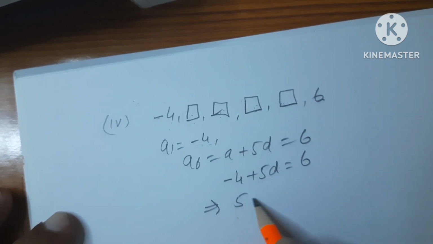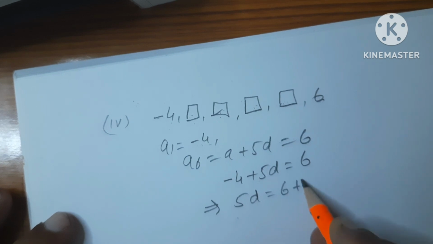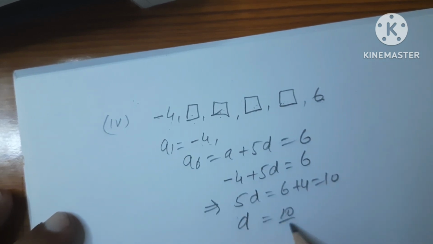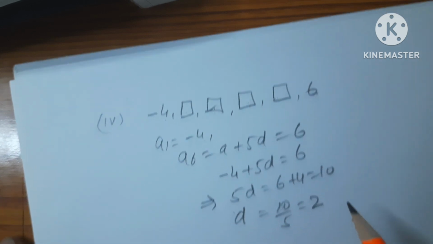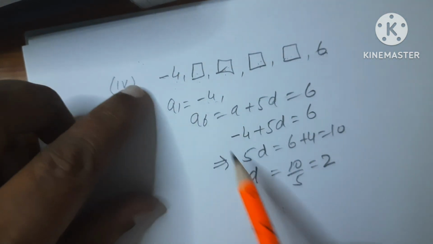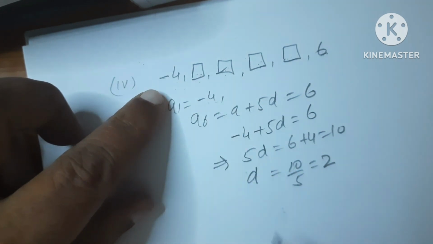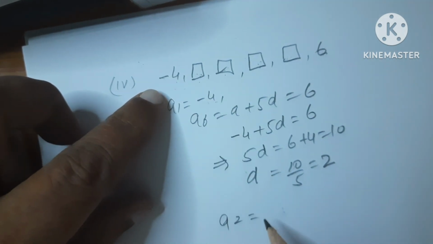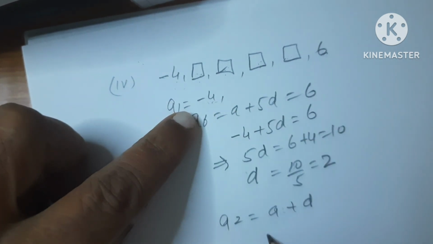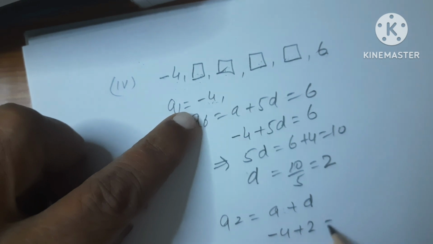That means 5D is equal to 6 plus 4, which is 10. D is equal to 10 by 5, which is 2. So we know A, and the first box will be A2. A2 is A plus D. A is minus 4, D is 2, which is equal to minus 2.